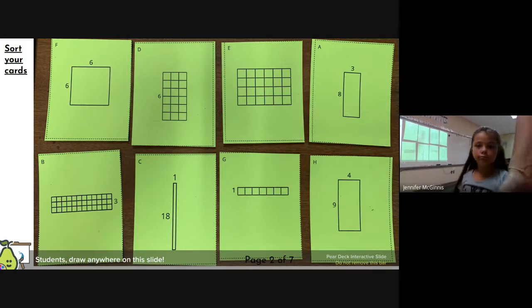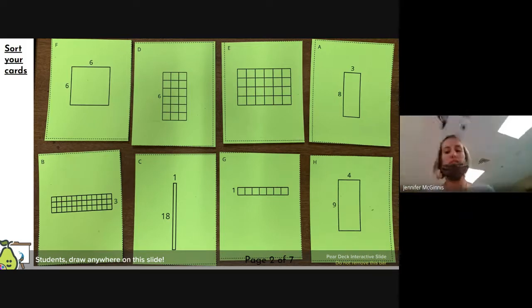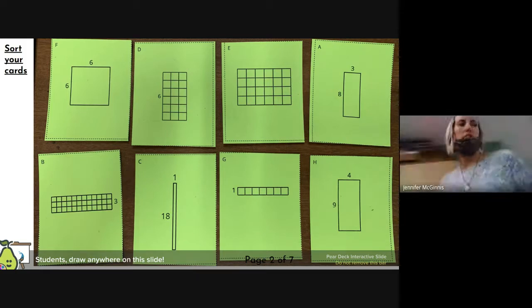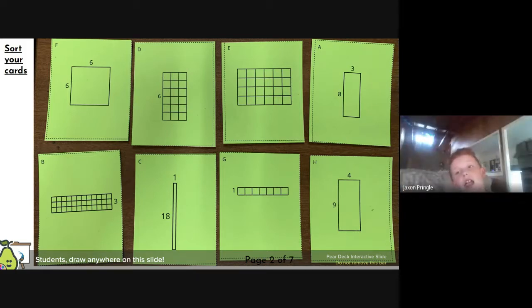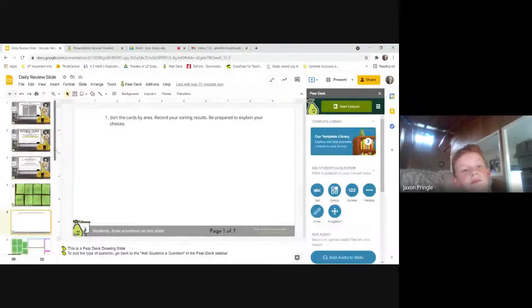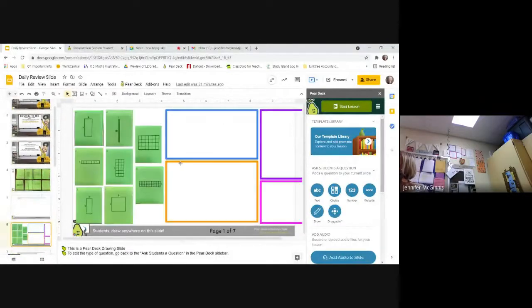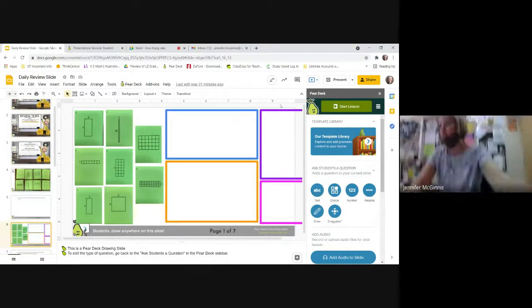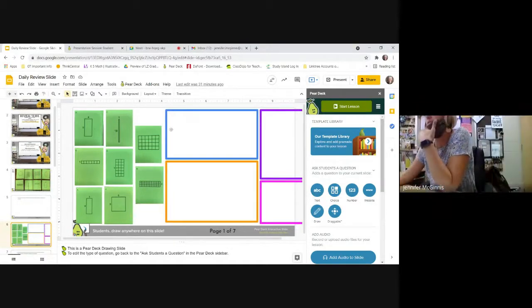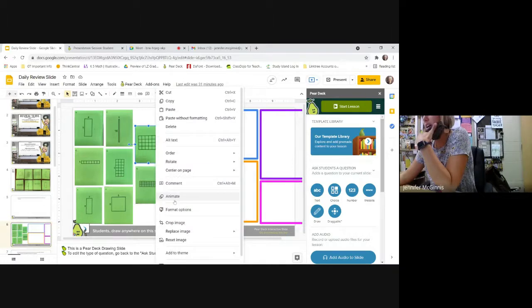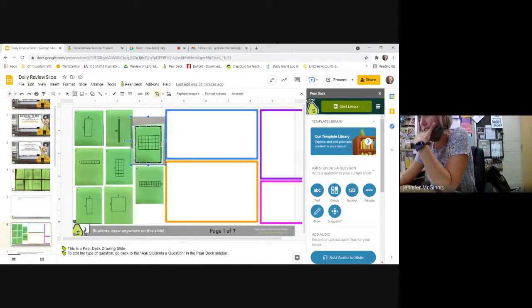Interesting. So, if we sort them by area, what would the first area be?